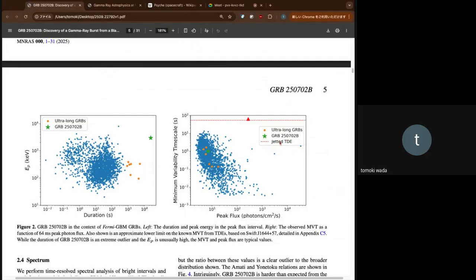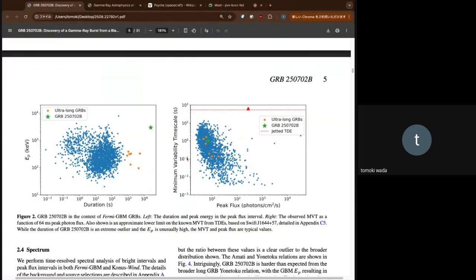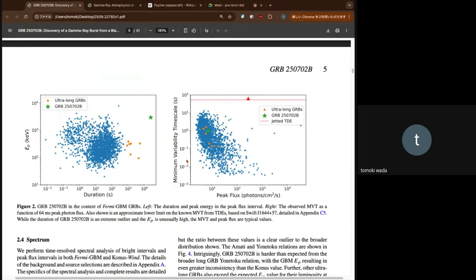in jetted TDE case, the minimum variability time scale should be much longer than this value. So this minimum variability time scale is usually determined by the object size divided by light speed of light. And when the system is relativistically moving, some relativistic correction occurs.